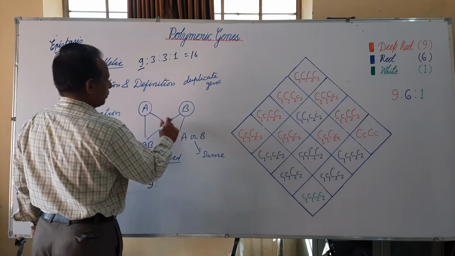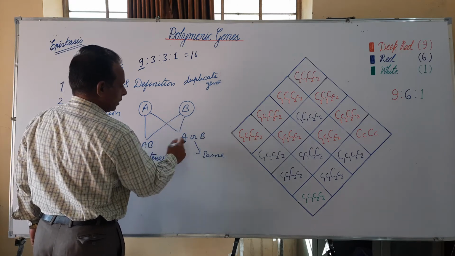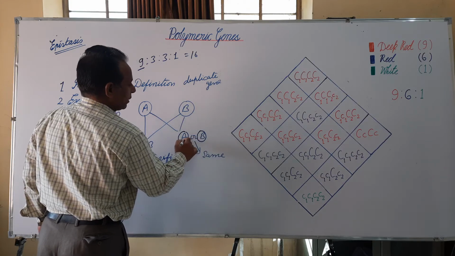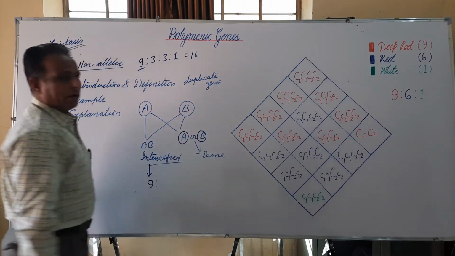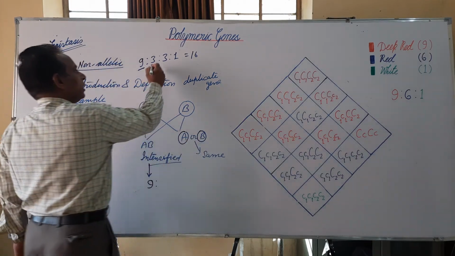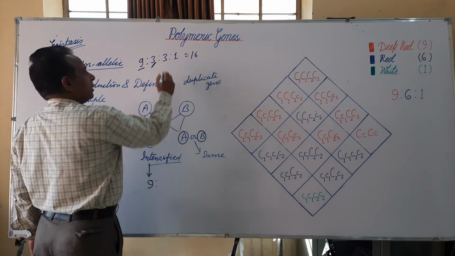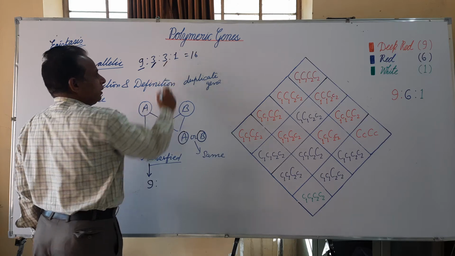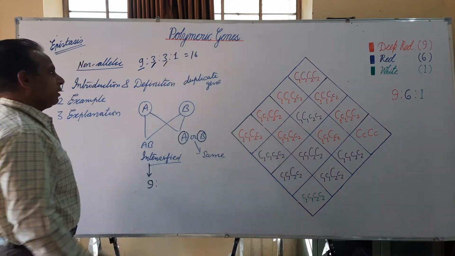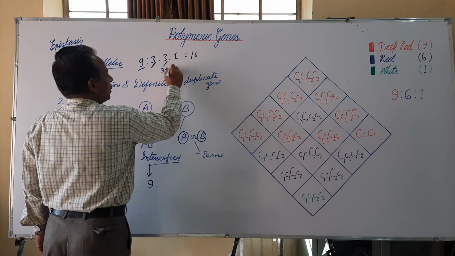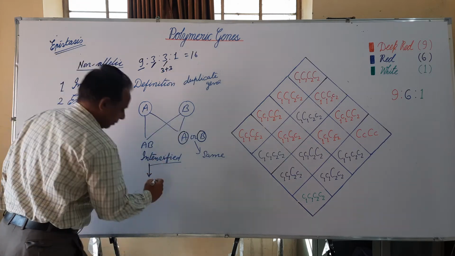And in the case of polymeric genes, if either A or B is present alone, they have the same phenotypic effect. In 3, one dominant gene is present, in another 3, the other dominant gene is present alone, so they constitute 3 plus 3, 6.